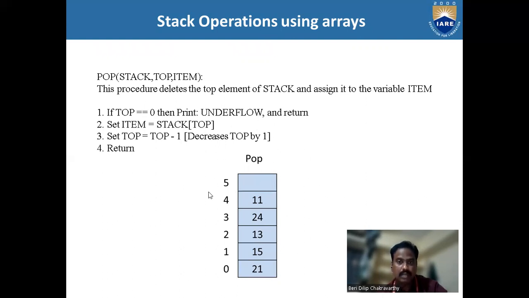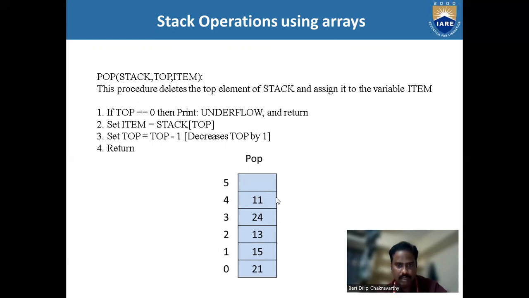If elements are there in the stack, I'll just delete that item from the stack. Stack of top will be deleted; that will be the item, that will be the element. The next step is I need to decrement my top. Earlier top will be here.